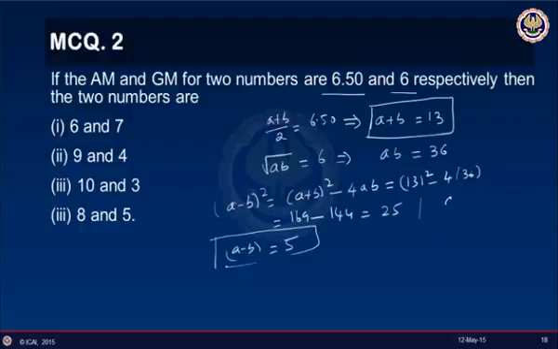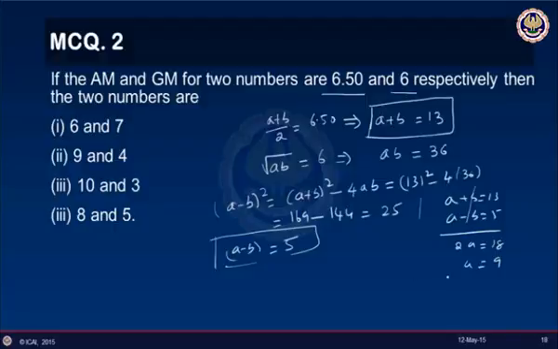By solving A plus B equals 13 and A minus B equals 5, and adding these two, 2A equals 13 plus 5, which is 18, so A equals 9.